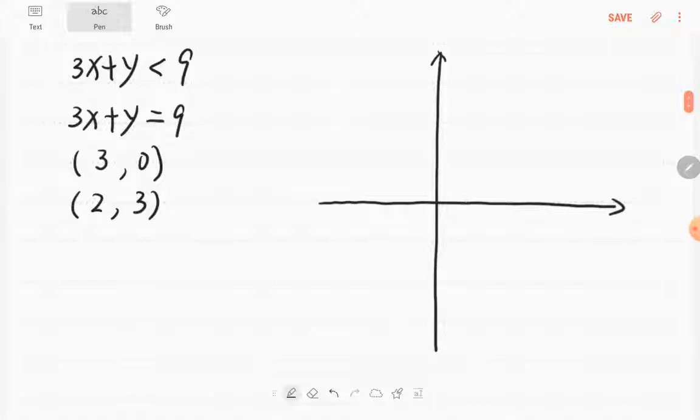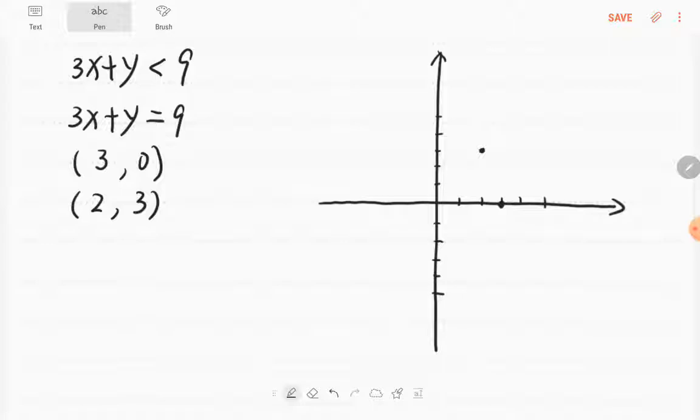When x equals 3, y equals 0, so this is the 1 point. When x equals 2, y equals 3, which is here.